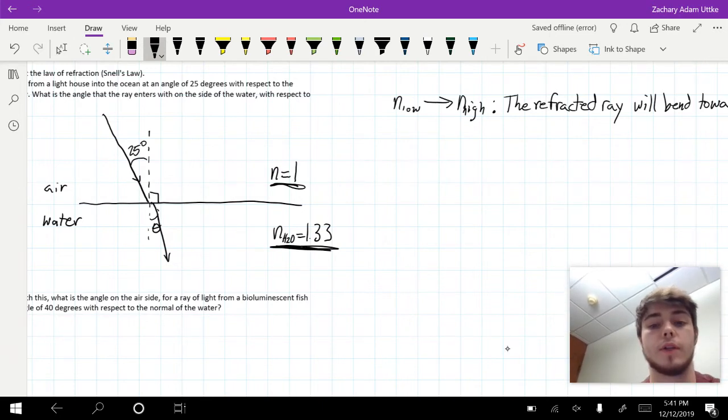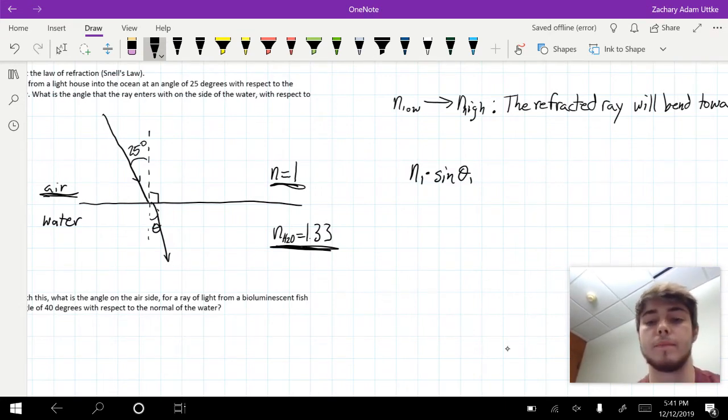We're going to have to use Snell's law. From the medium that you started, which is air, we have n1, the n of air, times sine of theta 1, the angle in the air, equals n2 for water, times sine of theta 2, which is what we're trying to figure out.